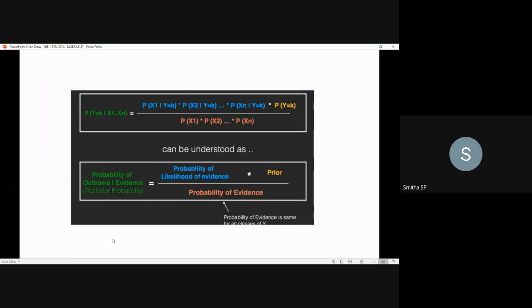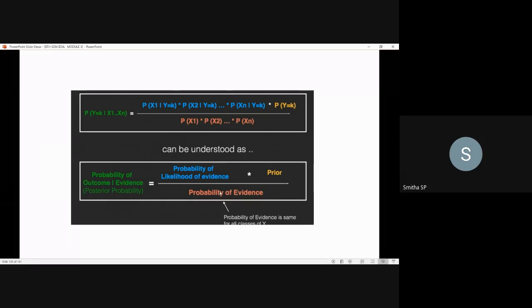We call that multiplication of all the x variables the likelihood of evidence. In the above formula, you can see that. So this is the probability of likelihood of evidence. We are multiplying all the x variables up to n variables, and we call it the likelihood of evidence.